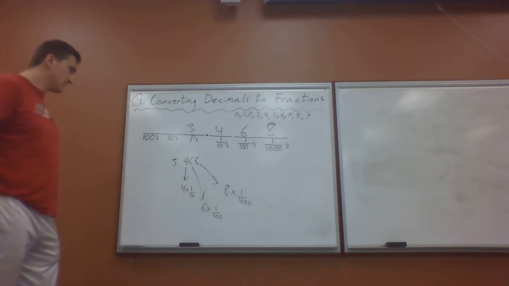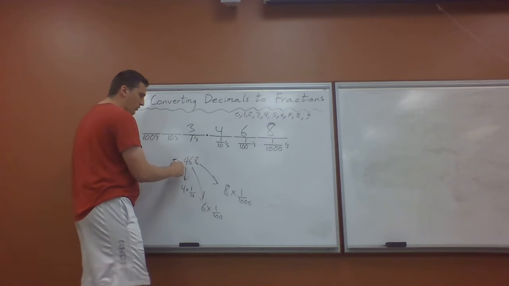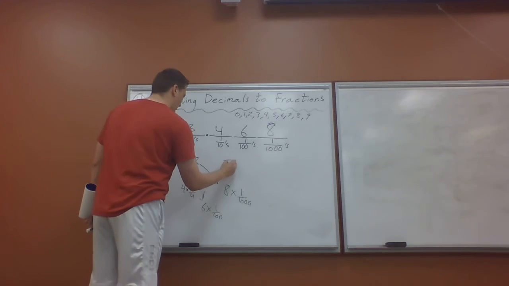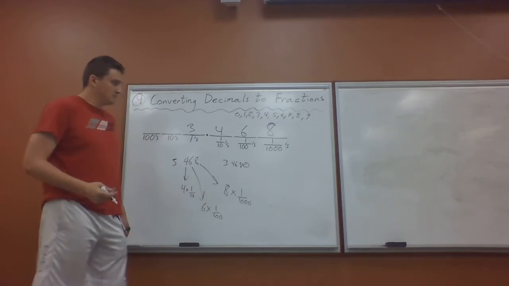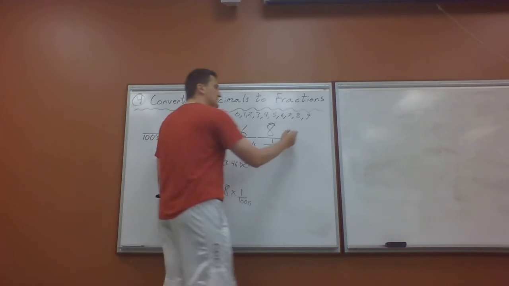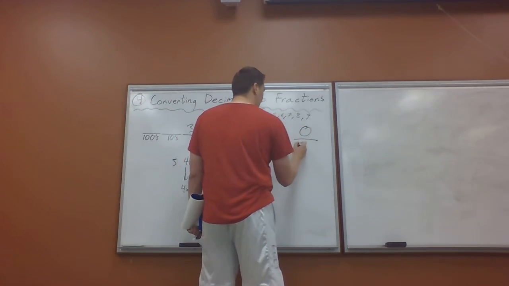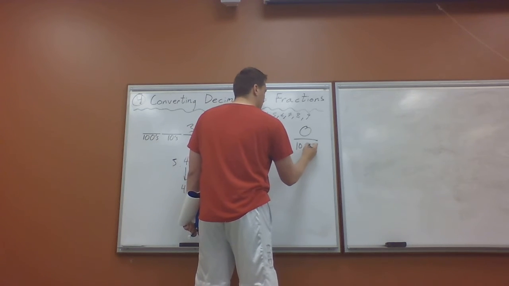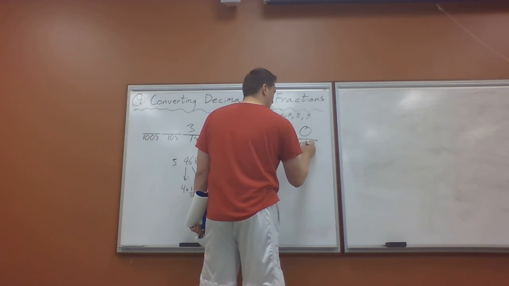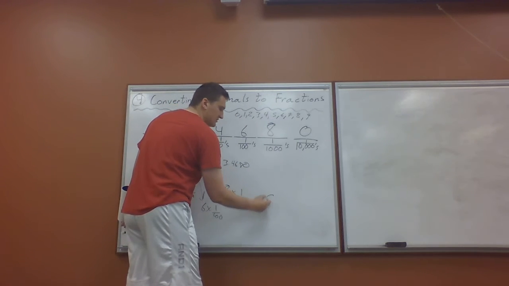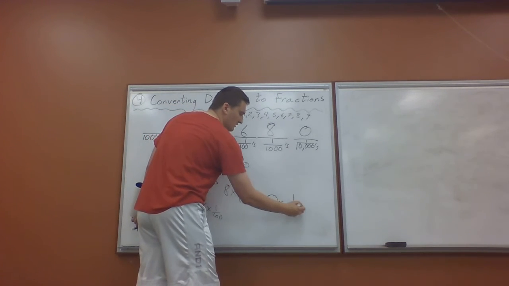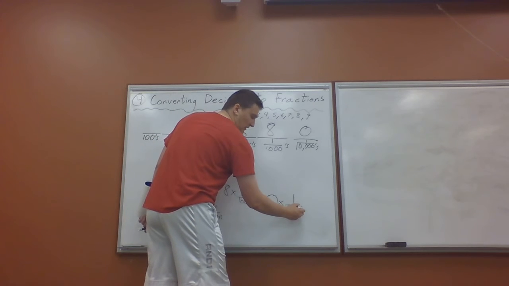But in 3.468, couldn't I put another 0 there? Sure, I could put another 0 there and make that the 10 thousandths place, 1 over 10,000. But that's just telling me that I'm adding 0 groups of that fractional part.